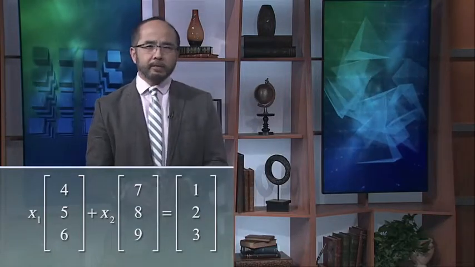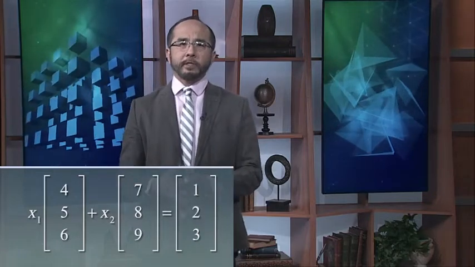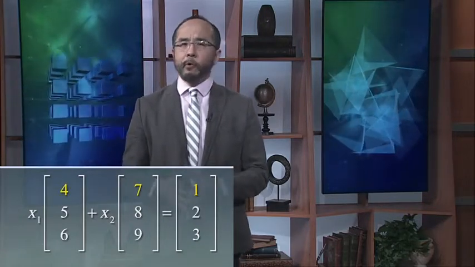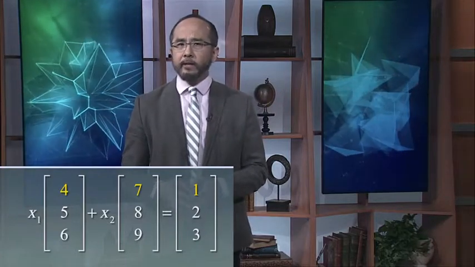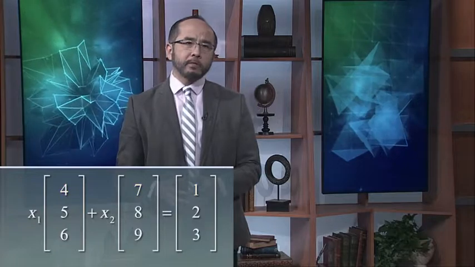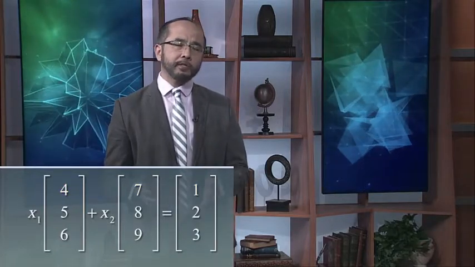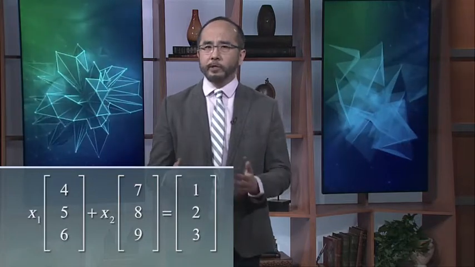But notice that this is just a linear system of equations. You see, for instance, that the first row is 4x1 plus 7x2 equals 1, and the other rows are similarly linear equations. So finding coefficients x1 and x2 is the same as taking the augmented matrix and reducing it by row operations.